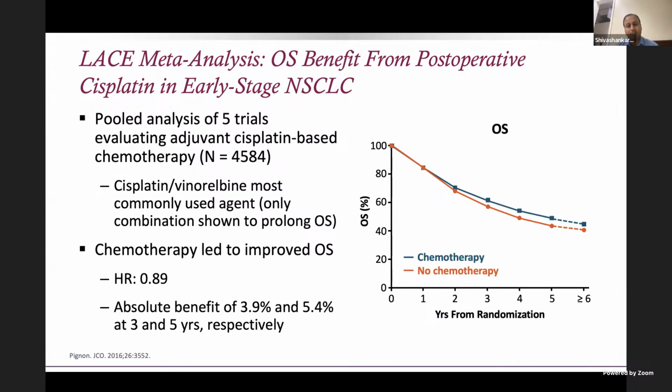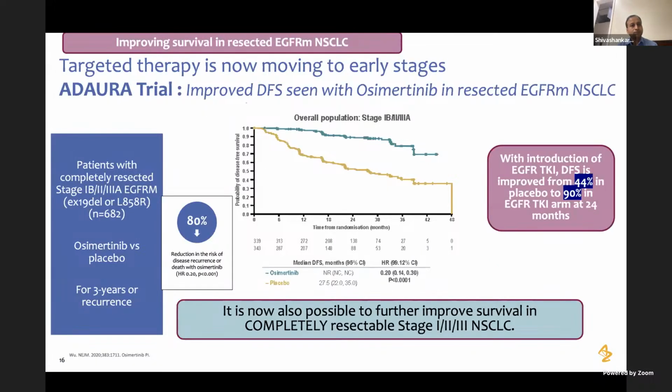So that's why we need perioperative therapy, as we discussed. And in the adjuvant setting, we have very strong long-term data, that is the LACE meta-analysis, which has clearly shown across various trials a clear-cut benefit even in terms of overall survival when adjuvant cisplatin-based therapy is added to chemotherapy.